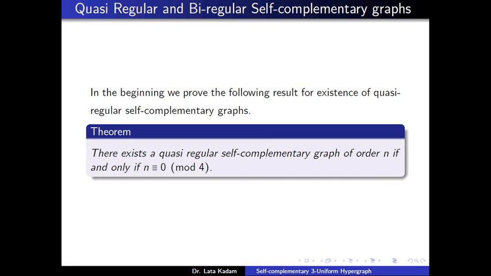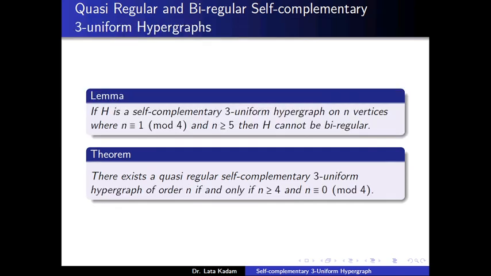It is proved that there exists a quasi-regular self-complementary graph of order n if and only if n is congruent to 0 modulo 4. Then, if H is a self-complementary 3-uniform hypergraph on n vertices, where n is congruent to 1 modulo 4 and n is greater than or equal to 5, then H cannot be biregular.